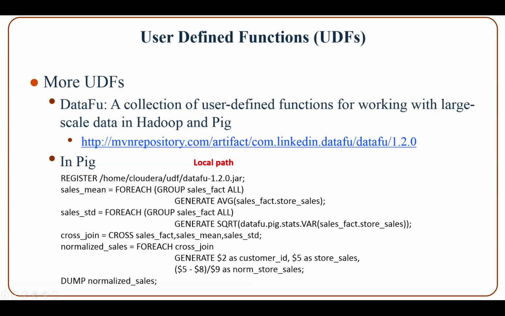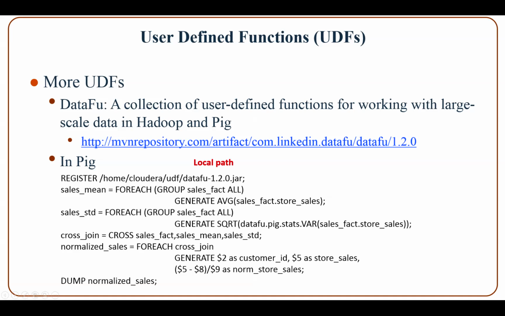In the next statement, the average of store sales in the sales fact relation is computed. And in the next statement, the standard deviation of store sales is computed using the VAR function in Datafu. And then the cross join, this line actually adds sales mean and sales standard deviation to every tuple.